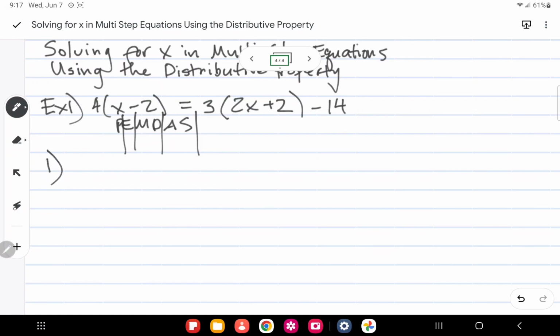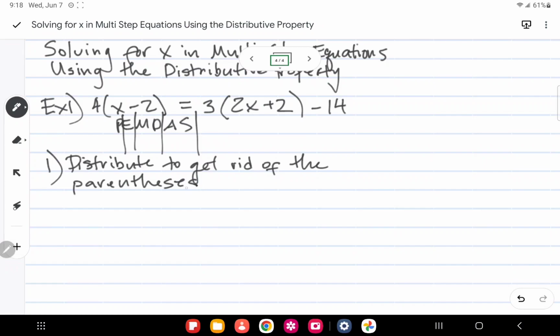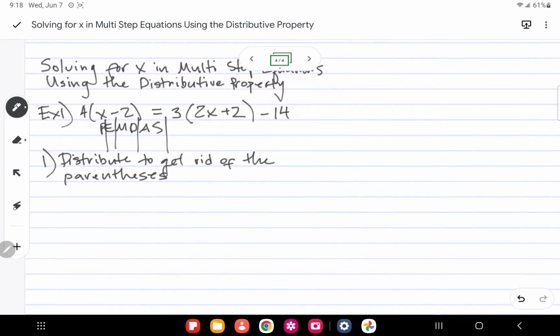Now let's first go over some of the steps. The first step, or the one additional step that we need to do here, is distribute to get rid of the parentheses. Okay, that is the new thing here.